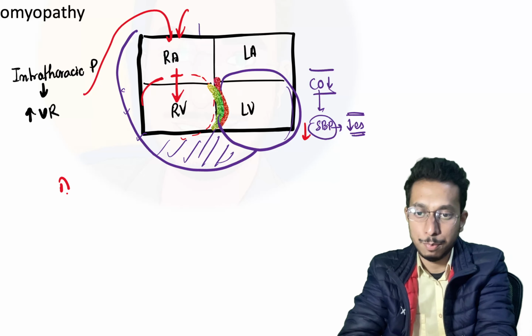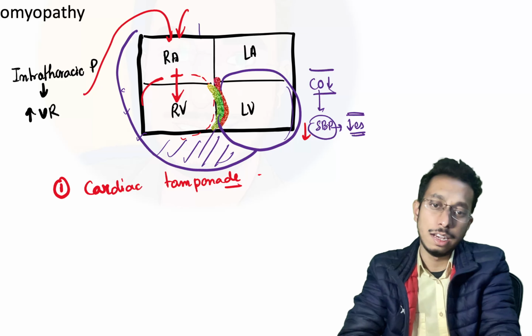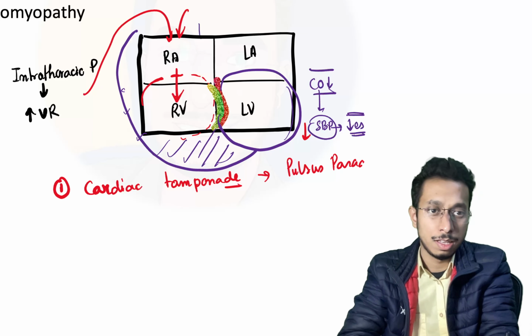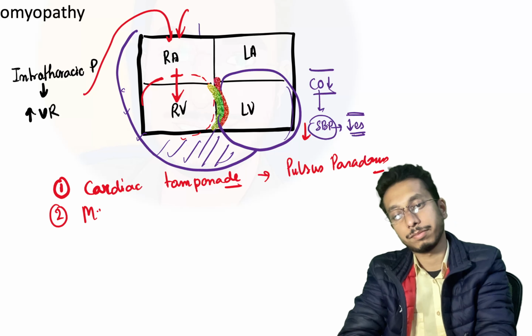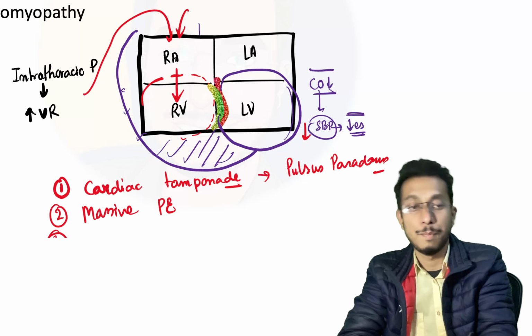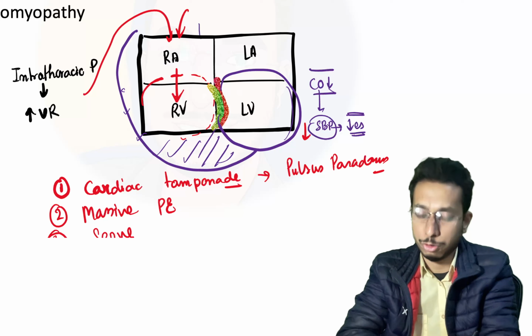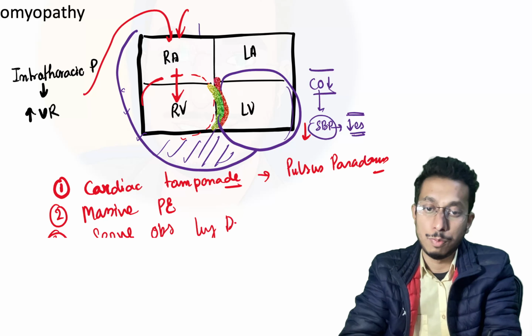So in cardiac tamponade this normal phenomenon is exaggerated, and then it is known as pulsus paradoxus. Similarly, it can be seen in other conditions like massive PE, or severe obstructive lung disease, or bronchial asthma, when there is already low intrathoracic pressure.